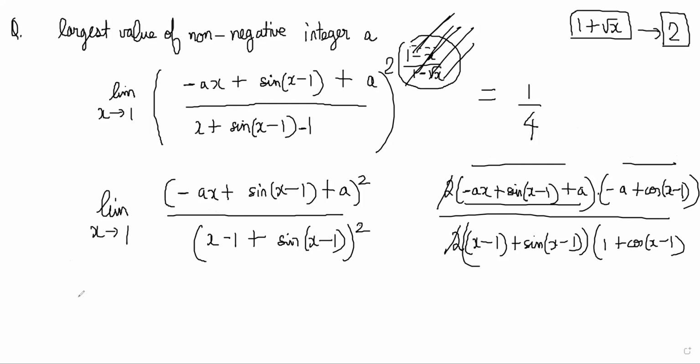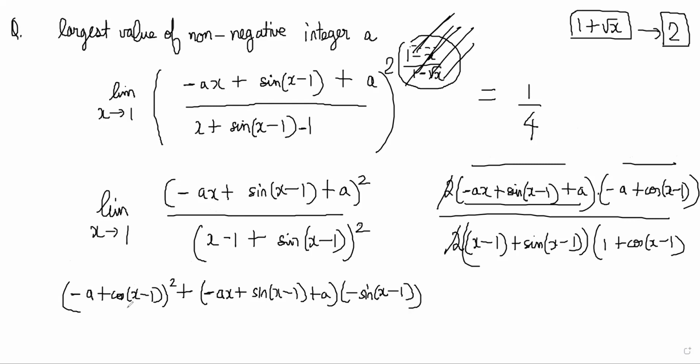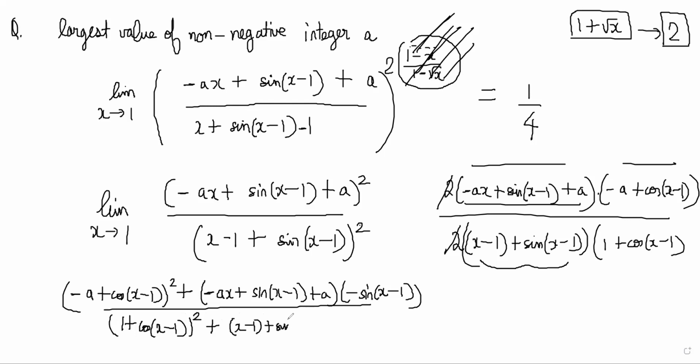First I'll differentiate this one: (-a + cos(x-1)) multiplied by this, which is the same thing, so squared, plus I keep this as it is, (-ax + sin(x-1) + a), and differentiate this, which is minus sin(x-1), divided by the differentiation of the denominator, which becomes the square of (1 + cos(x-1)), plus keep this as it is, sin(x-1), and differentiate that one, which becomes minus sin(x-1).